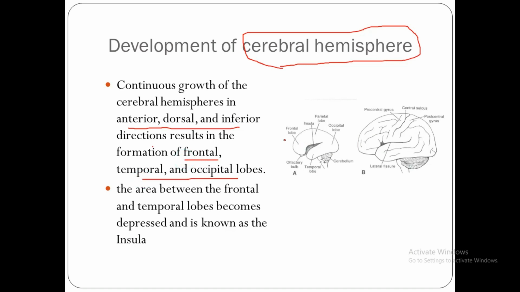The anterior one will convert into the frontal lobe, the posterior one into the occipital lobe, and this lateral one into the temporal lobe. The area between the frontal and temporal lobes appears as a big depression known as the insula.